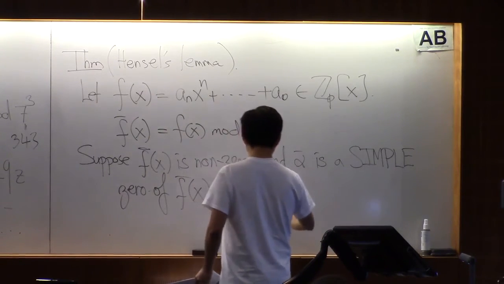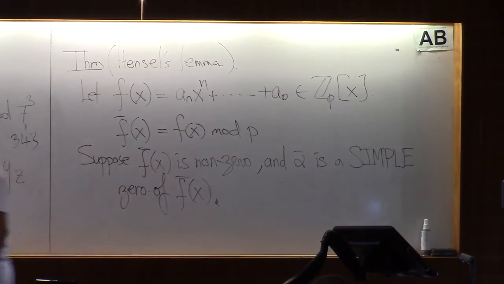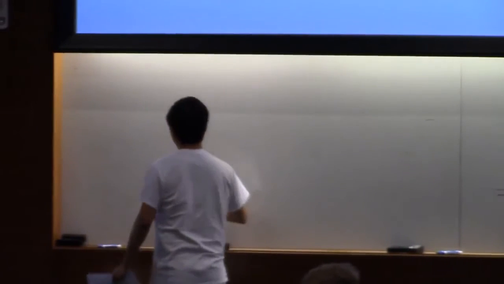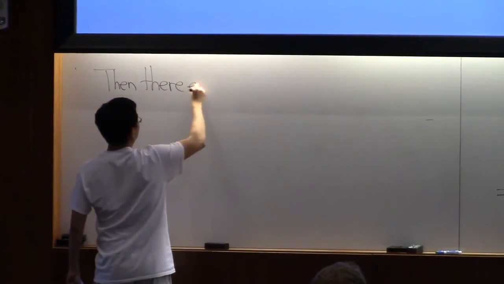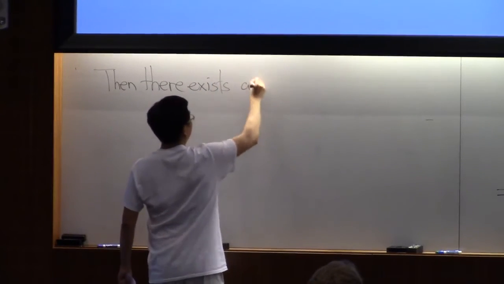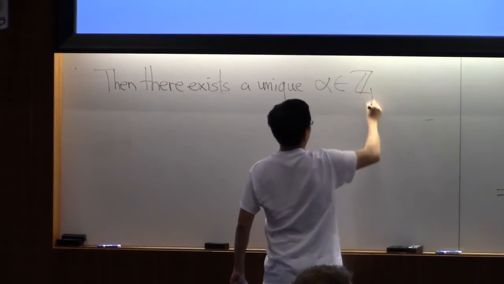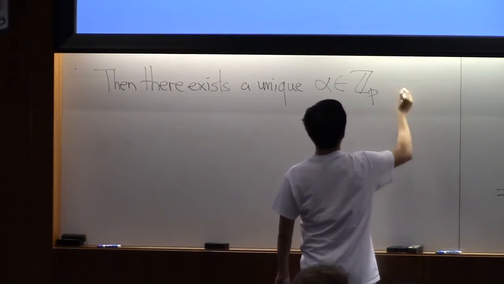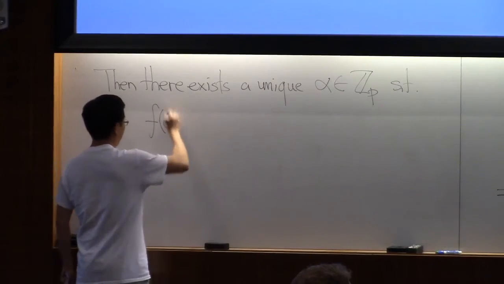Then, by the same argument as before, we produce a zero in the p-adic numbers of your polynomial f.